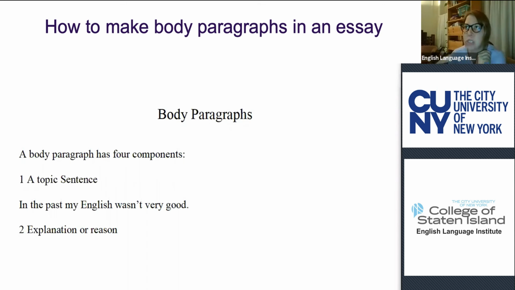So maybe one person explained that their English wasn't very good because their teachers, the English teacher that they had, didn't have very good skills. And so therefore they weren't able to have the best experience learning English, right?